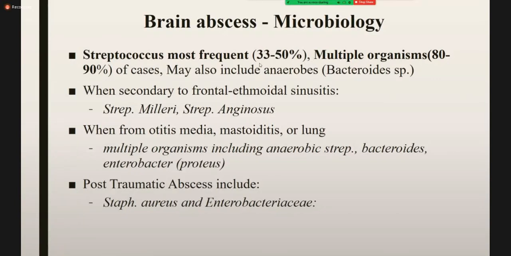When secondary to frontoethmoidal sinusitis, the possible etiology is Streptococcus milleri or Streptococcus anginosus. When from otitis media, mastoiditis, or lungs, there are multiple organisms including anaerobic streptococci, bacteroides, and enterobacteria like Proteus. In cases of post-traumatic abscesses, Staph aureus is likely the main pathogen along with enterobacteria.